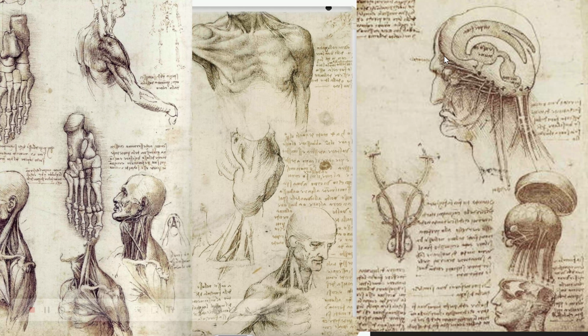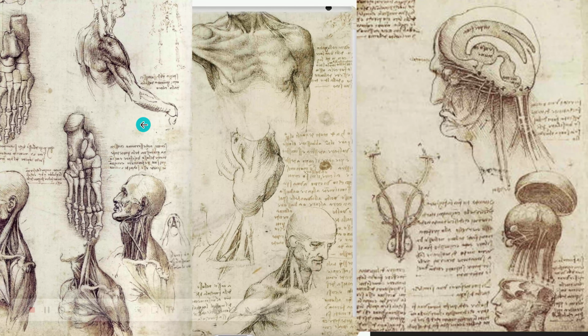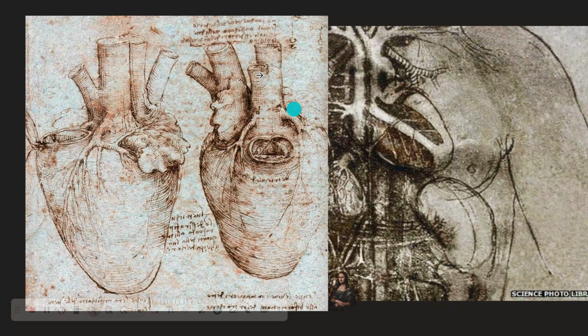He studied a lot of exterior things and a lot of interior elements as well. Something I want to note is he's writing backwards. People like to say that he just did not want people to look over his shoulder and know what he was writing or studying. I learned at some exhibition that Da Vinci really studied the heart, and he was so close to understanding the circulatory system.